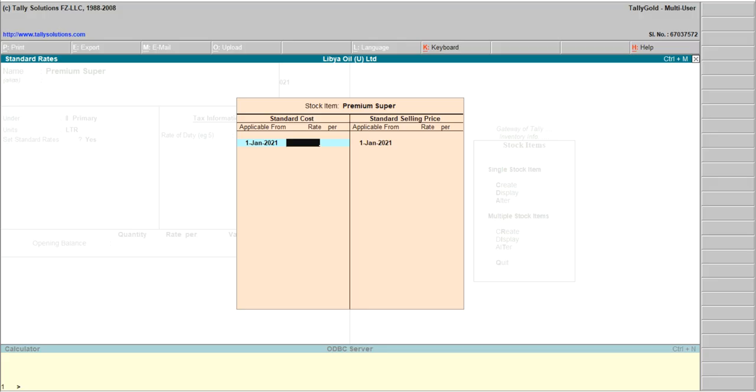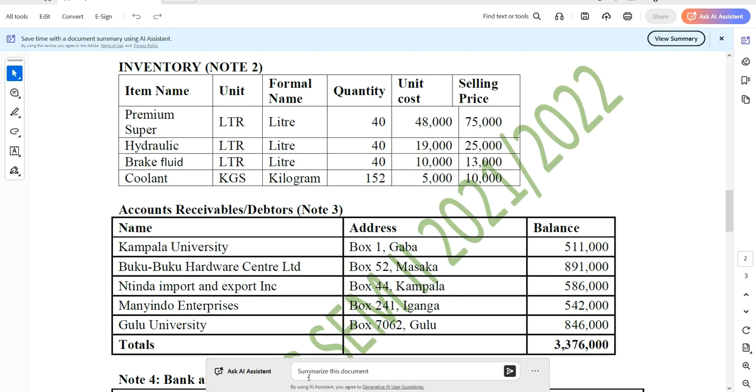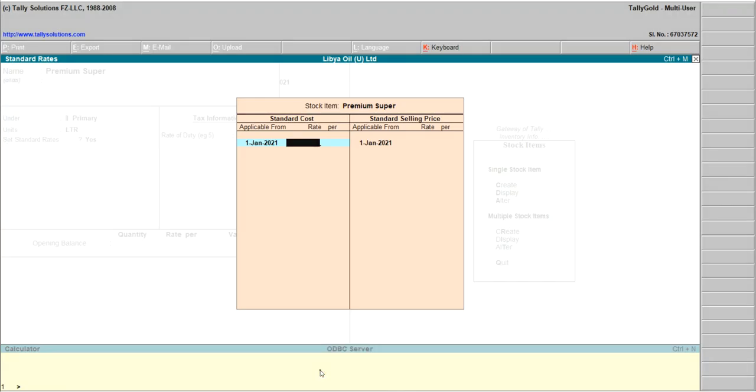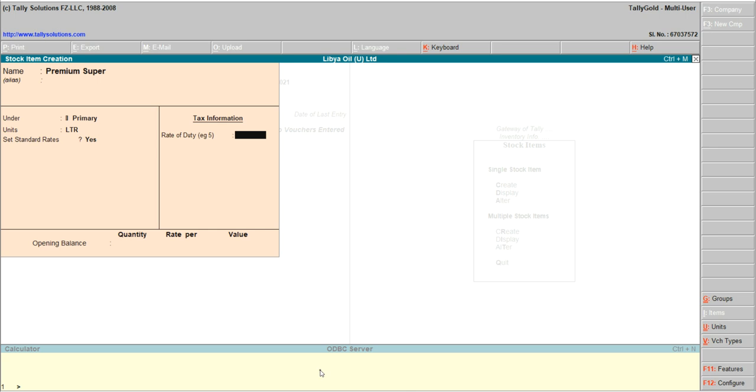What's the standard cost for premium super? That is the 48,000, the unit cost. Selling price is 75,000. For premium super, the standard cost is 48,000 per liter. Selling price is 75,000 per liter.